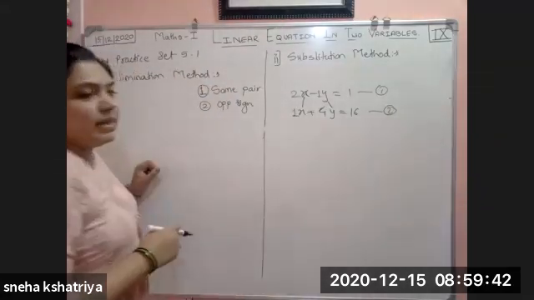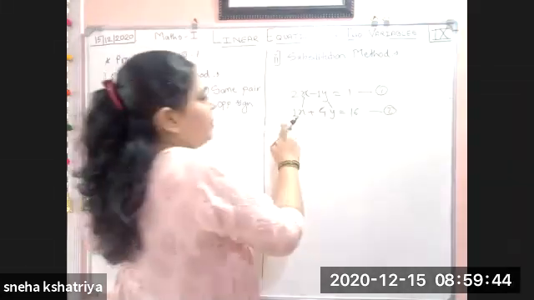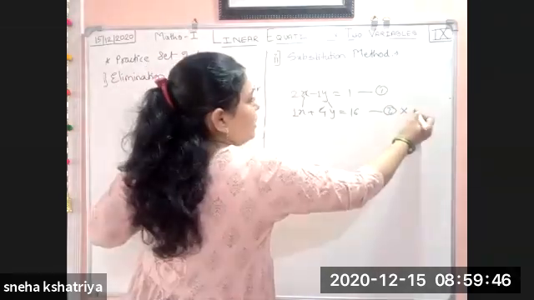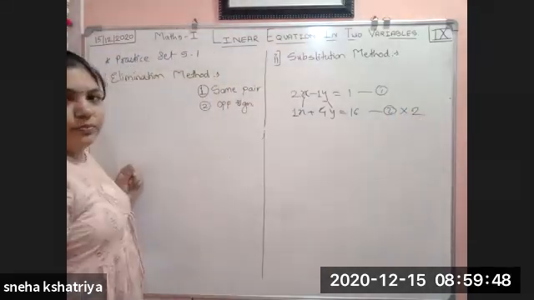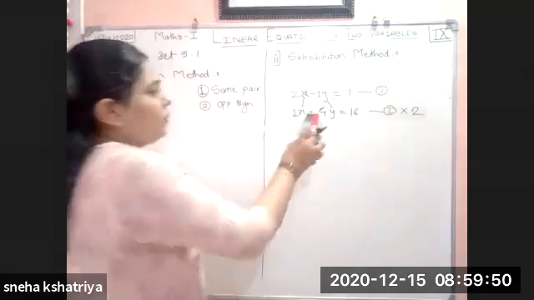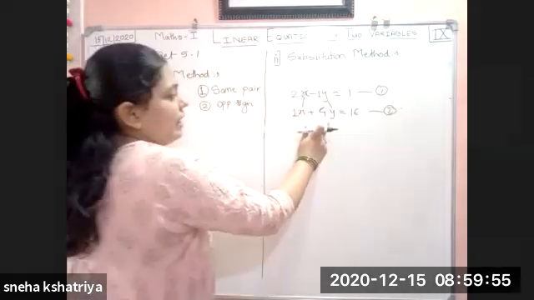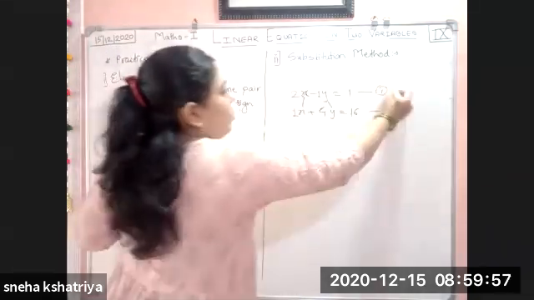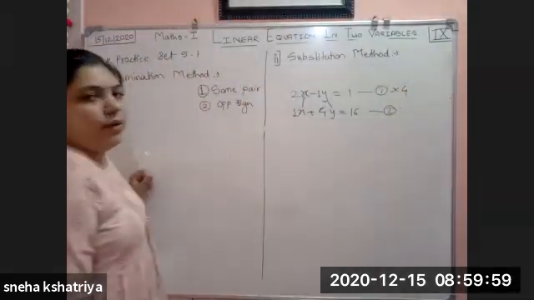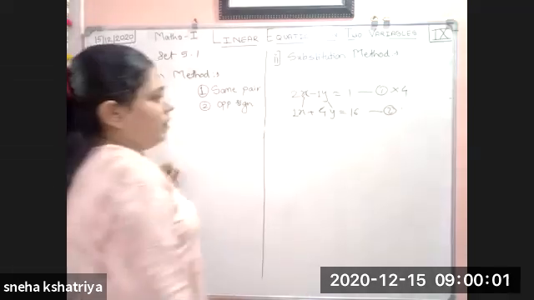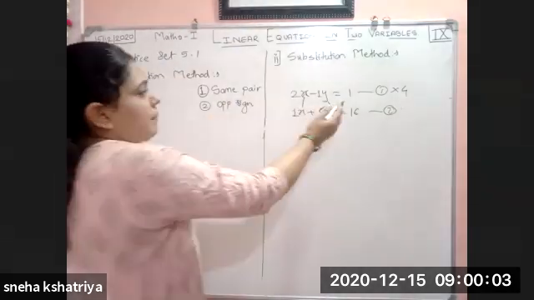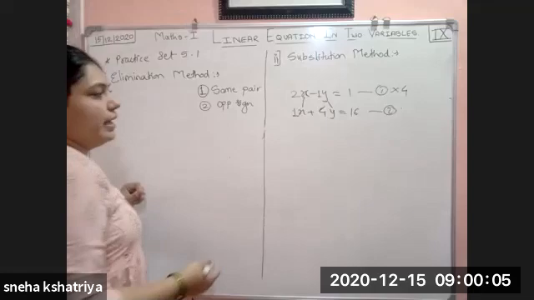If you want to make x the same pair, multiply equation 2 by 2. Or if you want to make y the same pair, multiply equation 1 by 4.